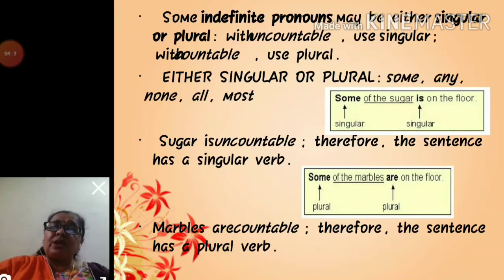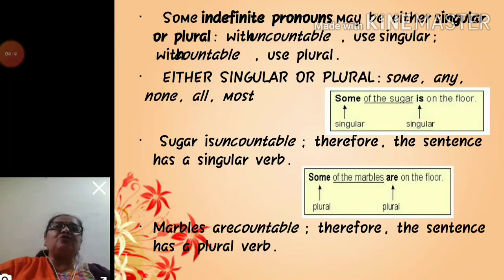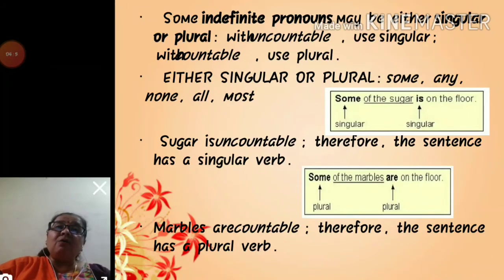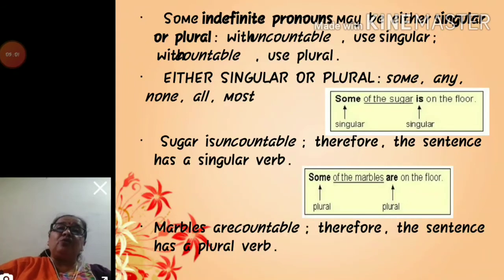If you are using countable, then you will use a plural verb, like, some of the sugar is on the floor, because sugar is uncountable. While some of the marbles are on the floor, here marbles are countable. So you have seen how with some, any, none, all, most, we use plural or singular.